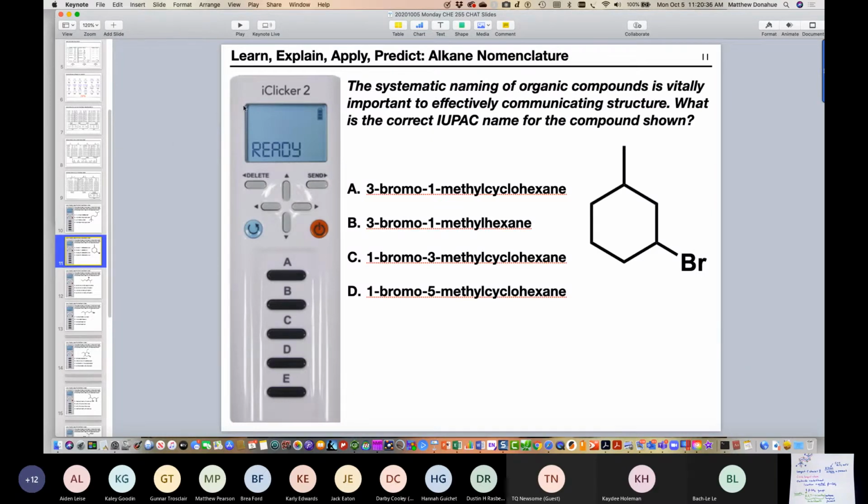So we're back on the screen now. If you look, you have this structure which has a ring. My first question to you is, how many carbons are in the ring?